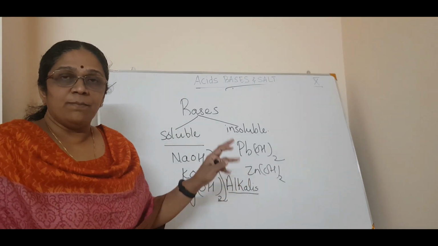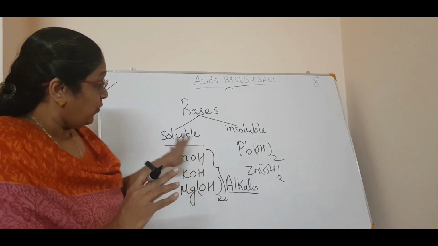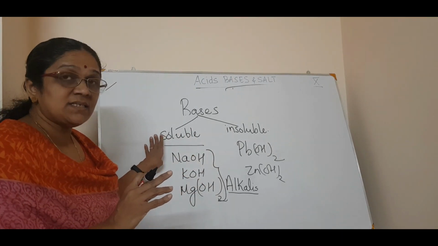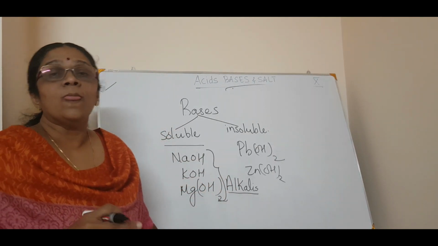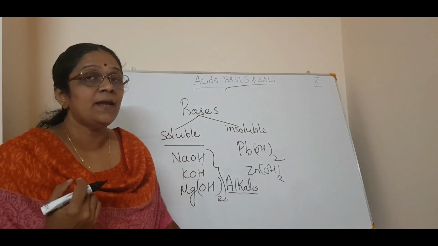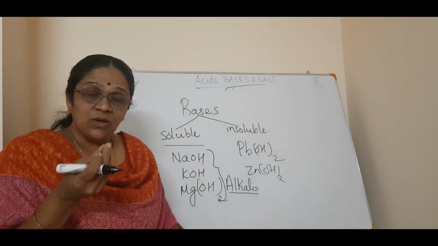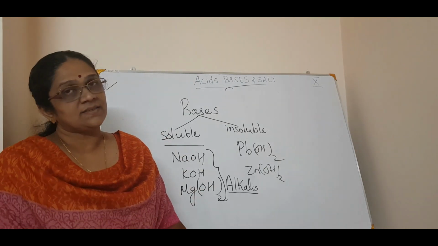So bases can be classified into soluble and insoluble. Now, what do you call soluble bases? Soluble bases are called alkalis. How will you define an alkali? Bases which dissolve in water are called alkalis. Correct.